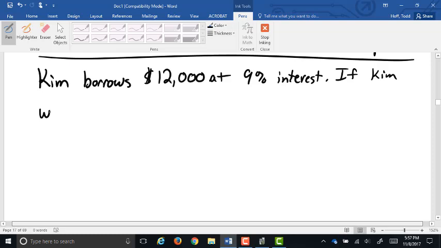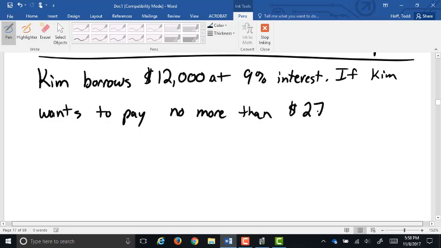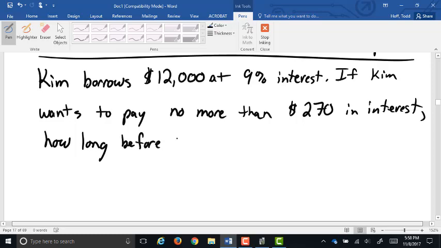If Kim wants to pay no more than $270 in interest, how long before Kim must repay?